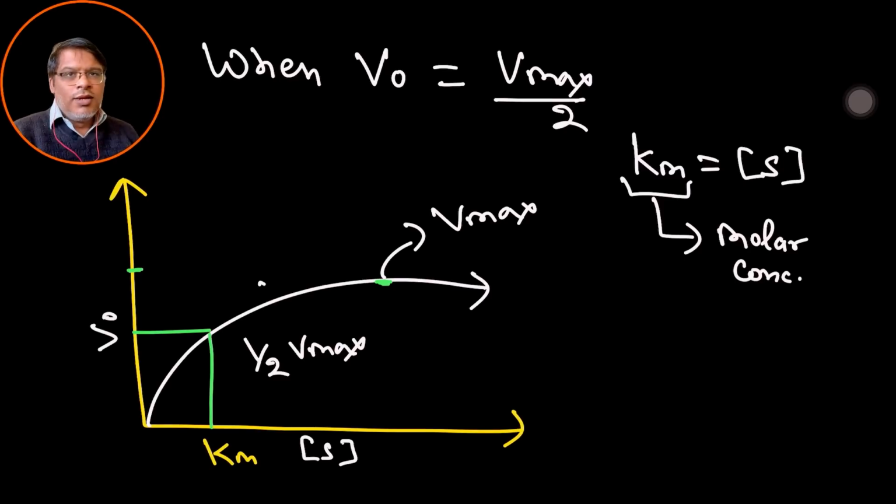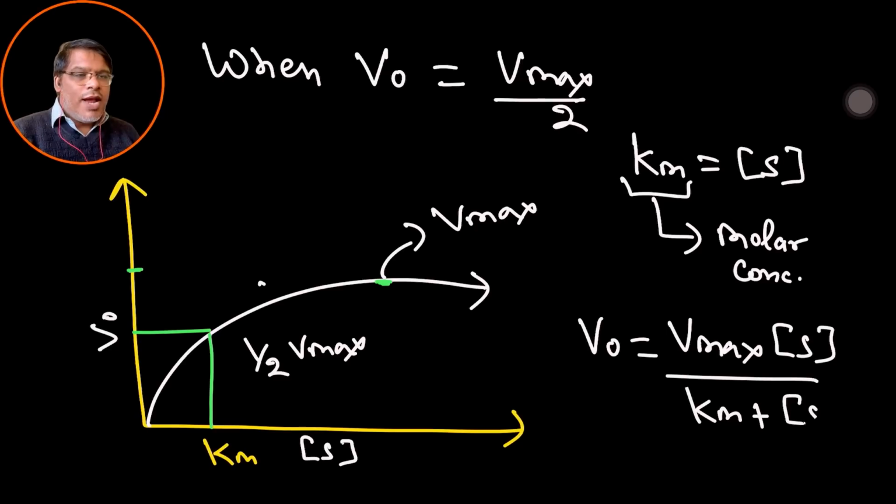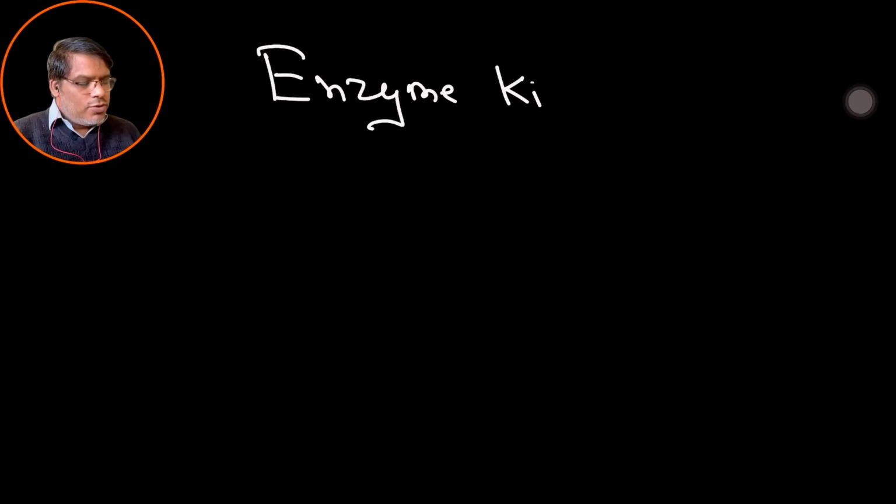So hopefully now you have understood what Km is. And keep in mind, VO is equal to Vmax multiplied by substrate concentration divided by Km plus substrate concentration is the Michaelis Menten equation.